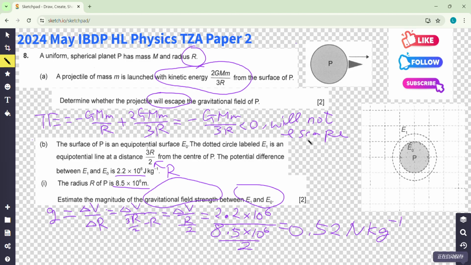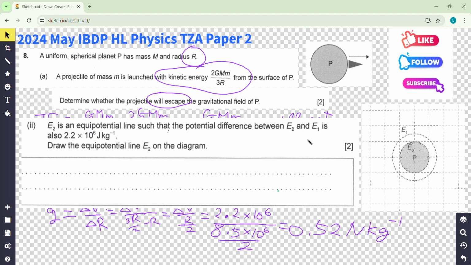Okay, last part. We haven't used this equipotential diagram actually. It said that E2 is another equipotential line such that the potential difference between them is also the same. We draw the equipotential line.